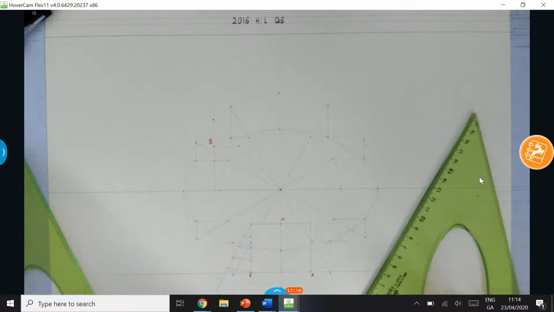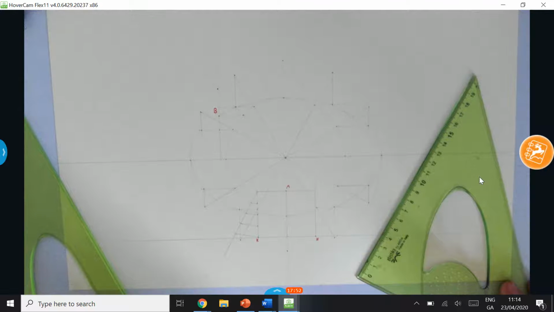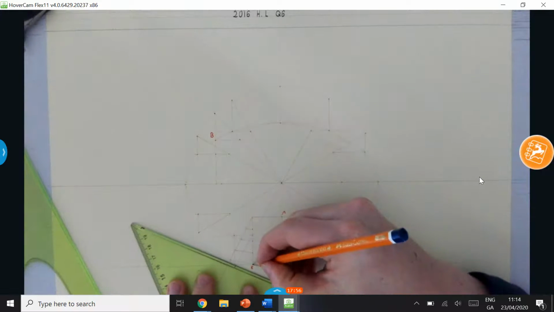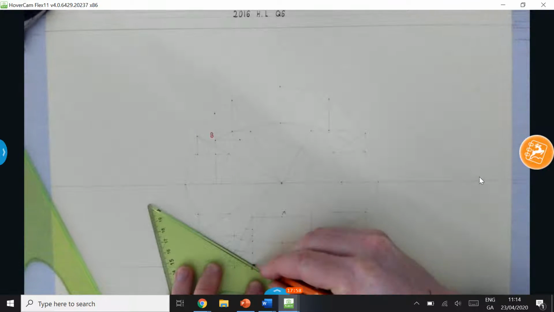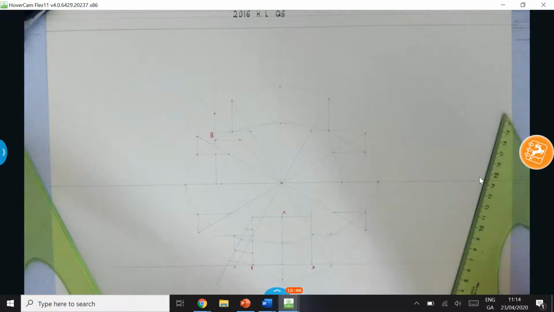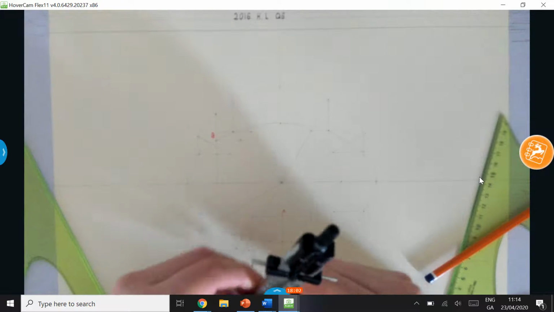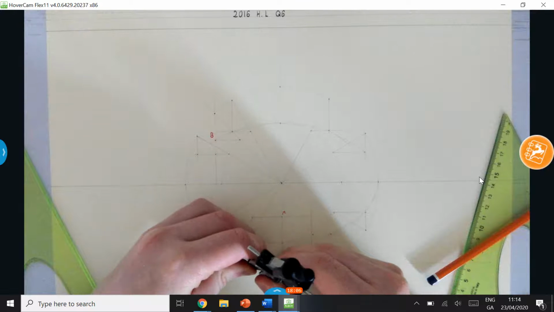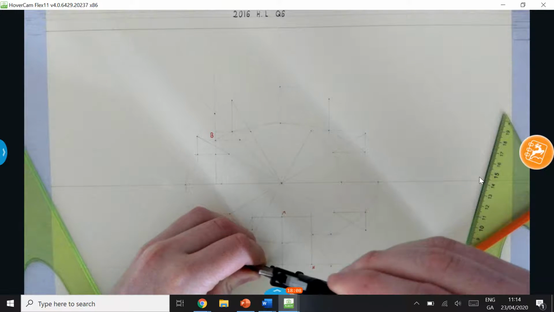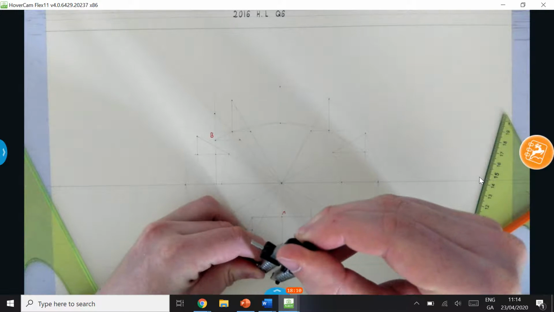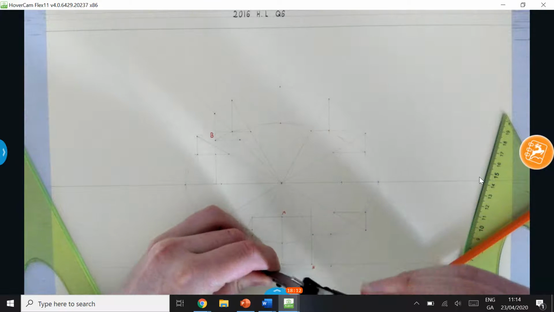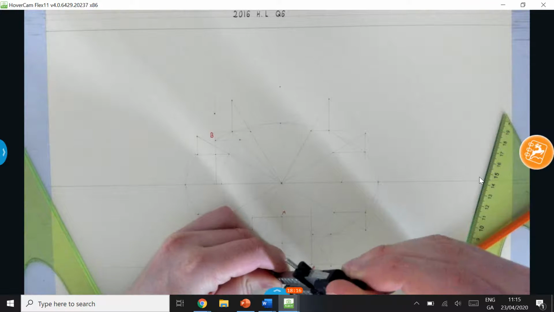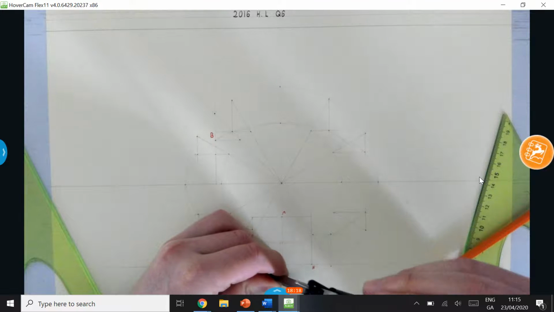So a line down at any angle. Set your compass to any width. Scribe 1, 2, 3, and 4 times.